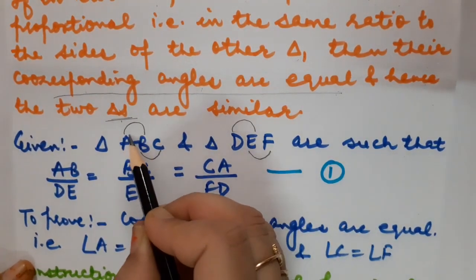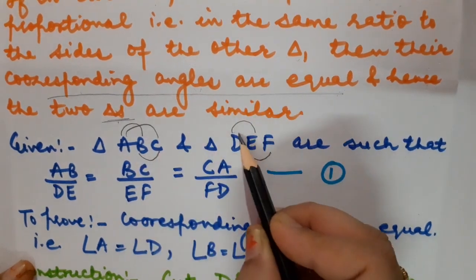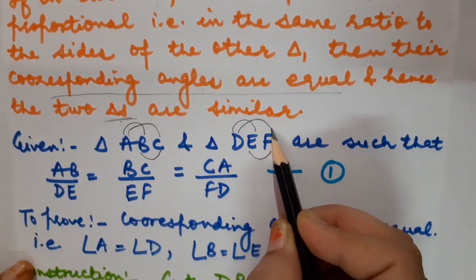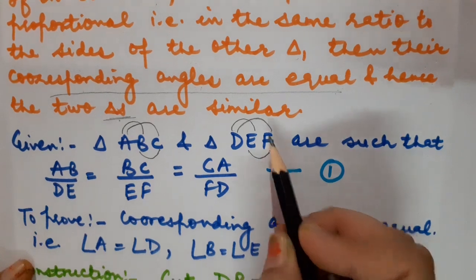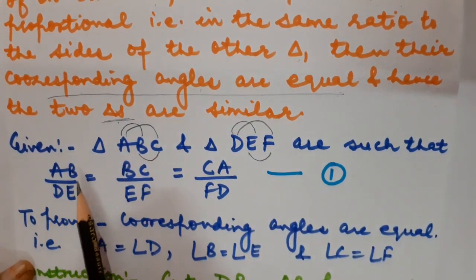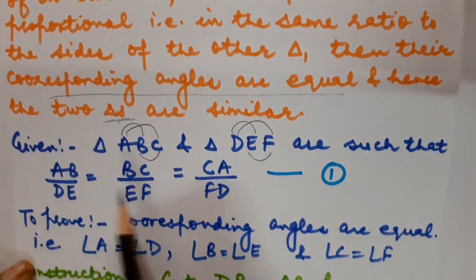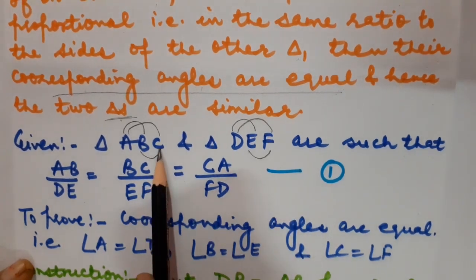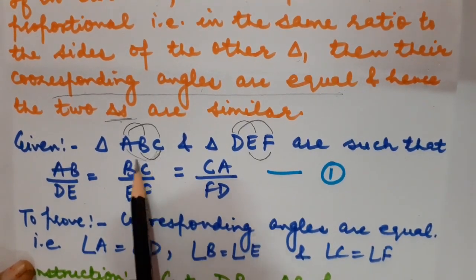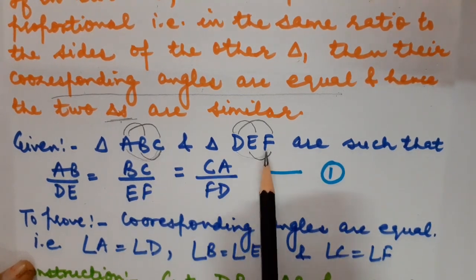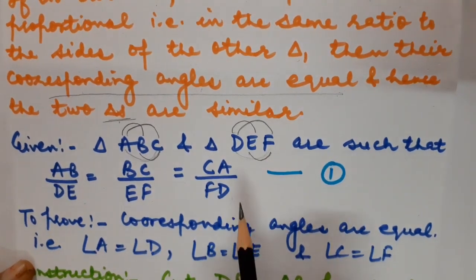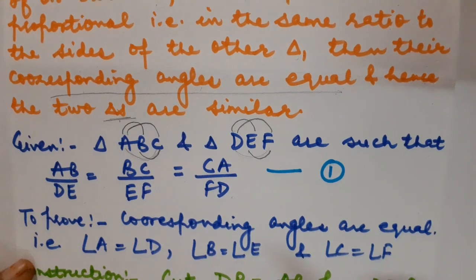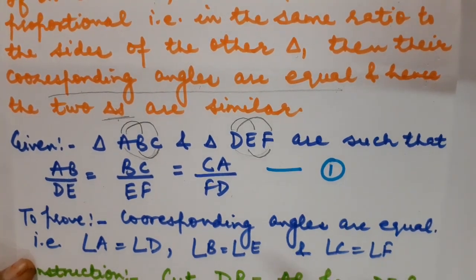If here I take AC, then which one corresponds with AC? That is DF. So it would become AB upon DE is equal to BC upon EF is equal to CA upon FD, because this corresponding relation matters a lot in similarity.